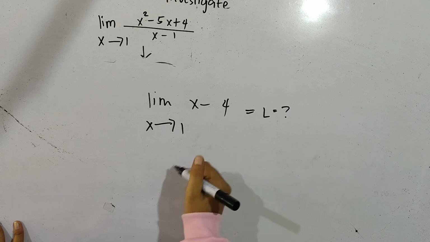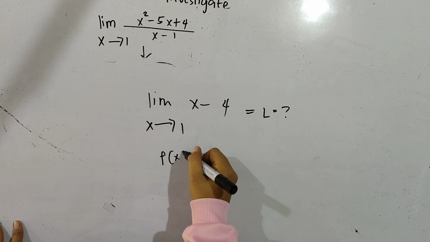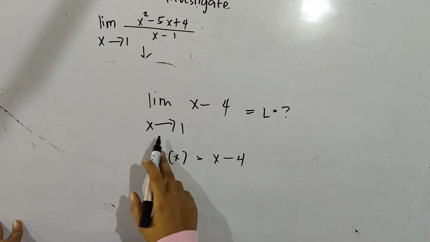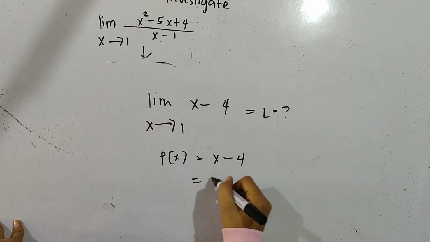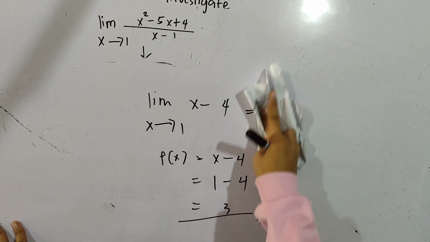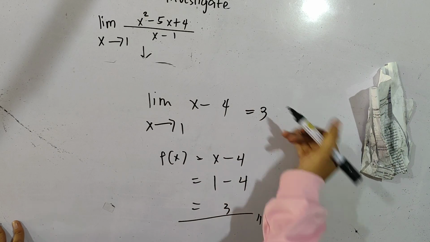Then, f of x is equals to x minus 4. The value of our x is 1. 1 minus 4 is equals to negative 3. So, the value of our limits is negative 3.